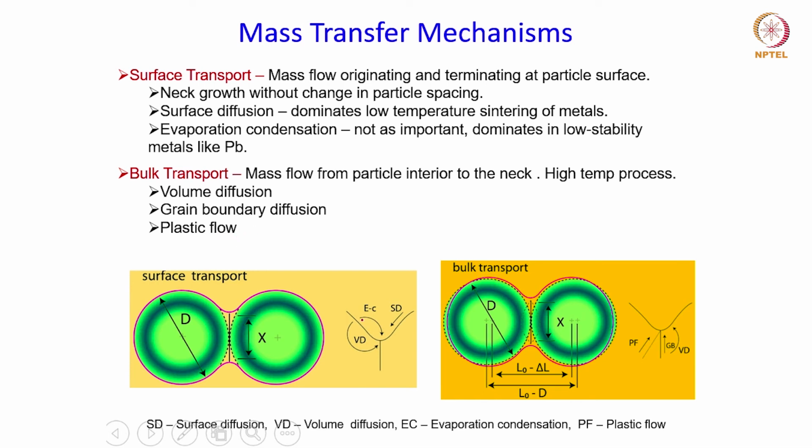And there is one more type of mechanism known as evaporation condensation that can also happen for the matter transport towards the neck. Here you can see diffusion plays a very important role for the densification to occur during the sintering process, and therefore at this point it will be good to have a little bit of discussion about the diffusion phenomena as such. But for this particular lecture, this is all I have.